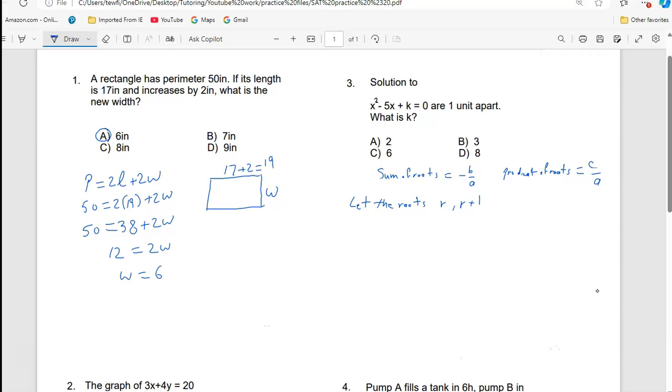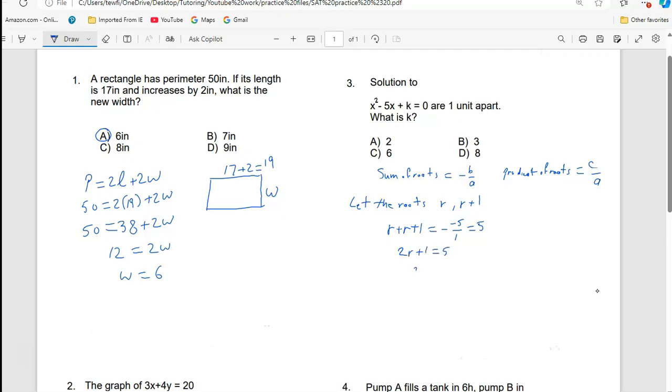So the sum of the roots, r plus r plus 1, equals negative b over a. B is negative 5, over a is 1, so that's going to give us a positive 5. So we have 2r plus 1 equal to 5.